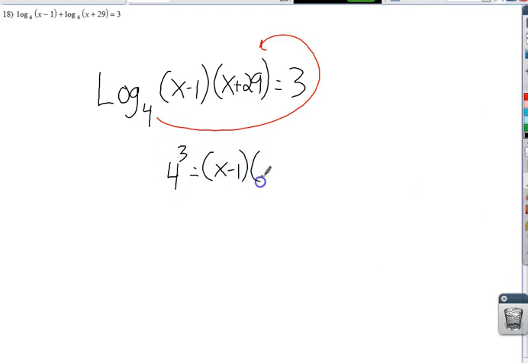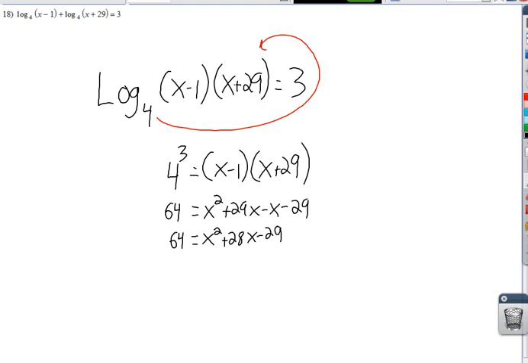And now we go from there. Now this involves some FOIL action. Let me just see if I can magically pop it up. Poof! Math.